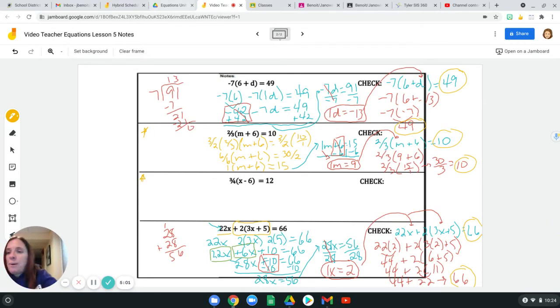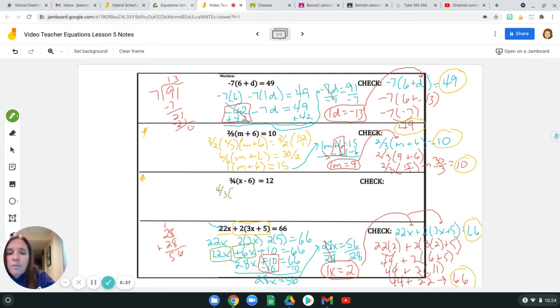Let's try one more. 3/4 times the quantity x minus 6 equals negative 12. We're not going to distribute that rational coefficient. We learned how to deal with rational coefficients, which is make them into 1. So we're going to multiply both sides of this equation by the reciprocal of 3/4, which is 4/3.